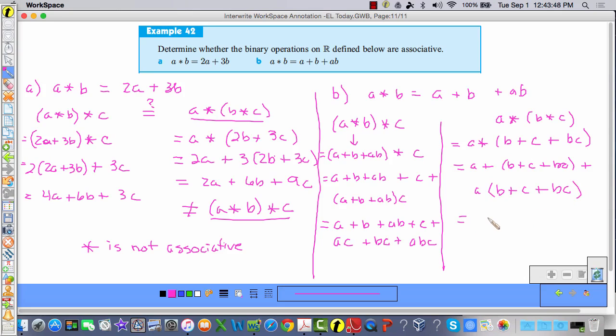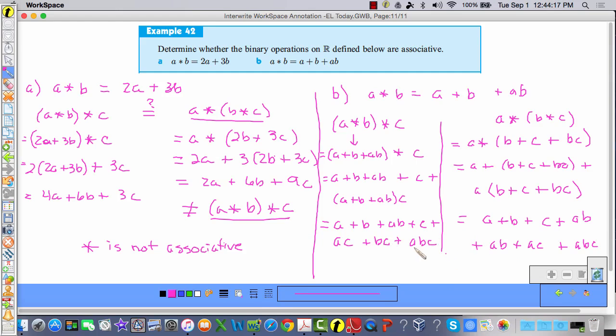And that becomes A plus B plus C plus BC plus AB plus AC plus ABC. And if you look, this is equivalent to this. It's not necessarily in the same order, but it is equivalent.